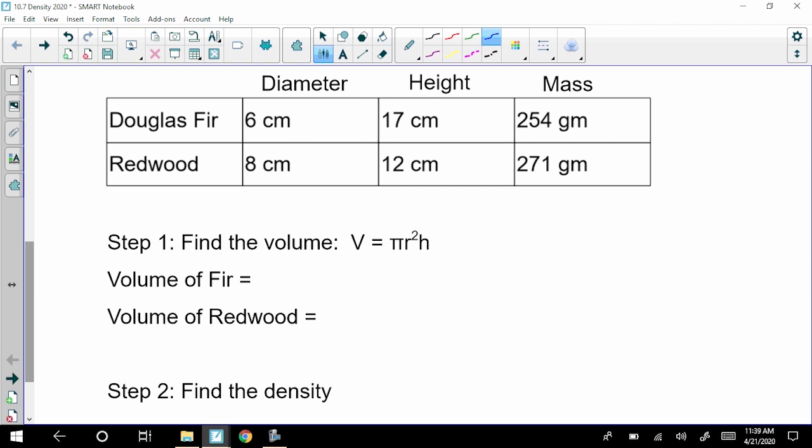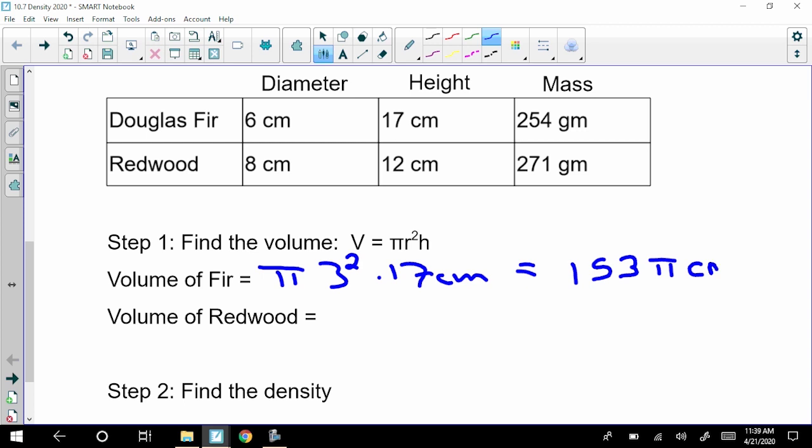So volume is pi, the radius is 3 squared, the height is 17 centimeters. So my volume of that log is 153 pi cubic centimeters.